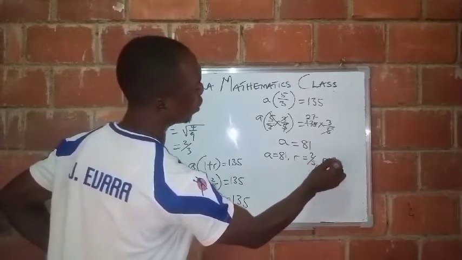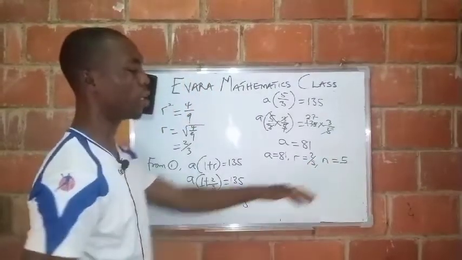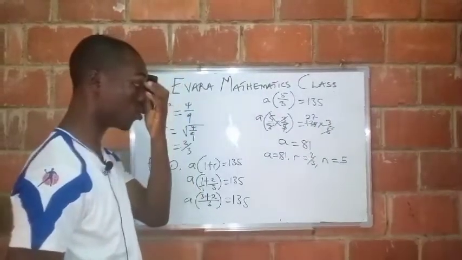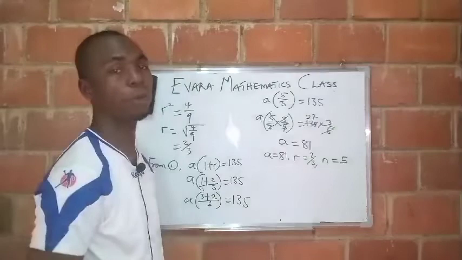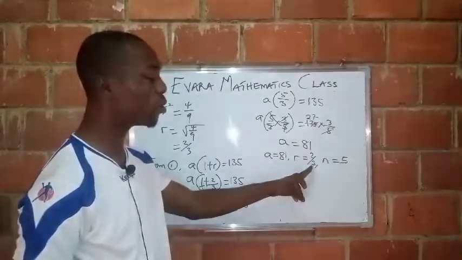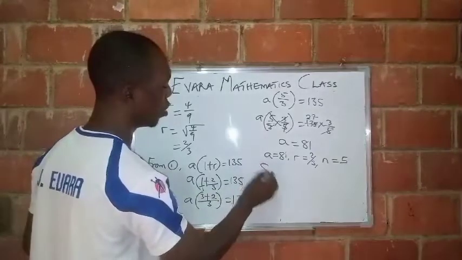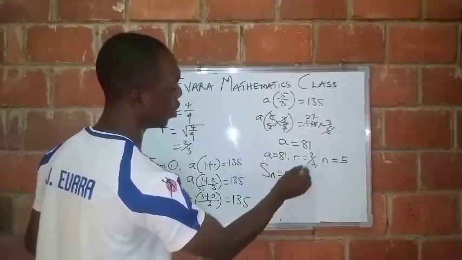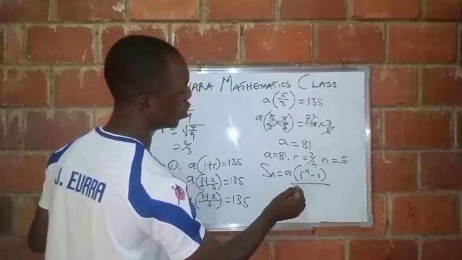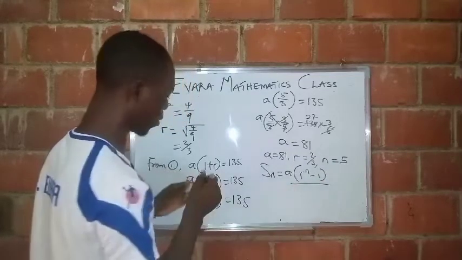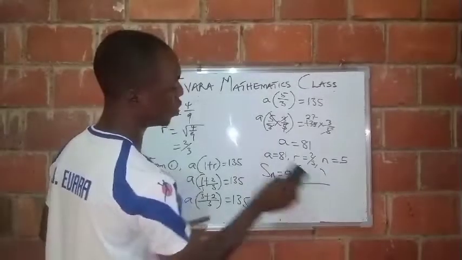And then we are asked to find the sum of the first 5 terms. So that means n is equal to 5. What's the formula for sum of a GP? That will be sum equals A(R^n minus 1) over R minus 1, this is for when the common ratio is greater than 1.